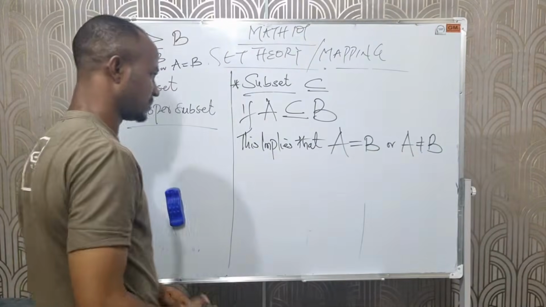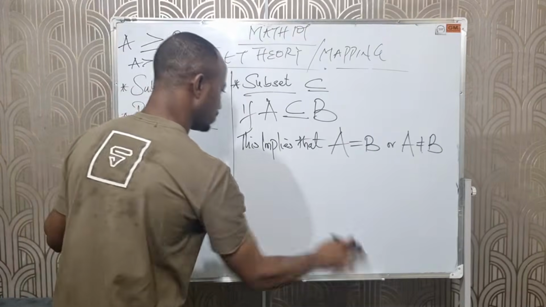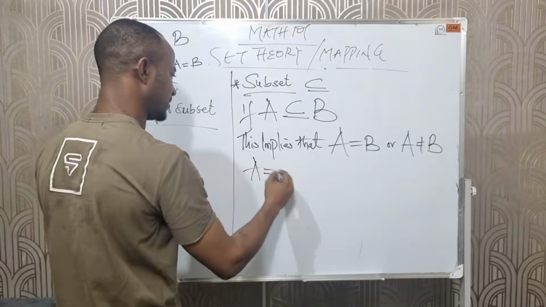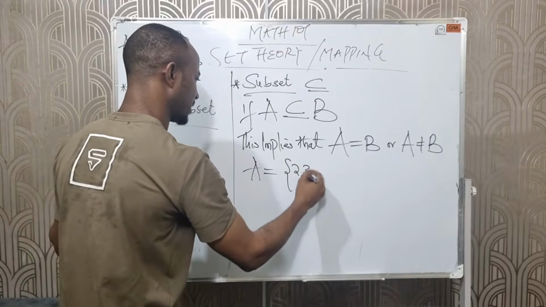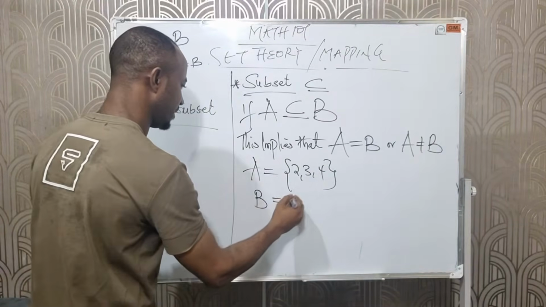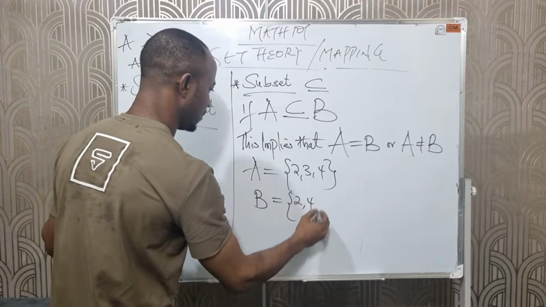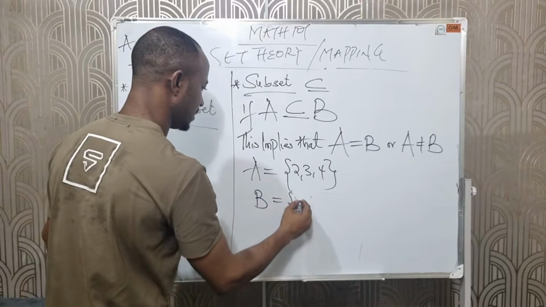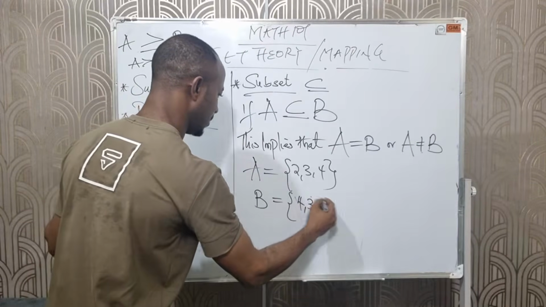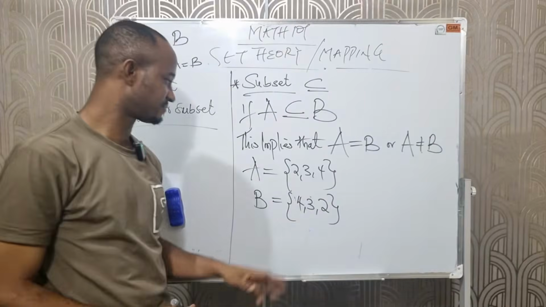A good example is this. Let's say we have subset A equals {2, 3, 4} and subset B equals {4, 3, 2}. What do you notice here?